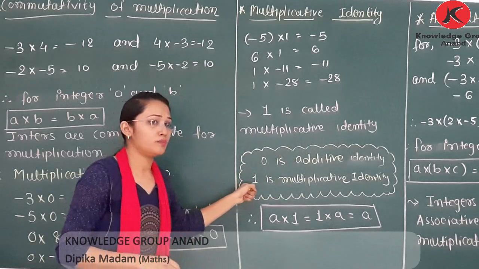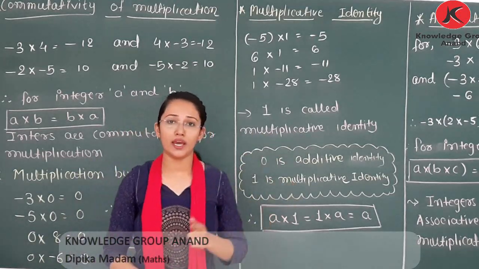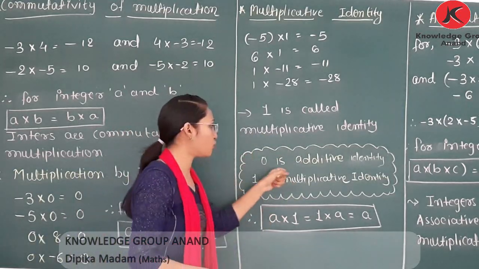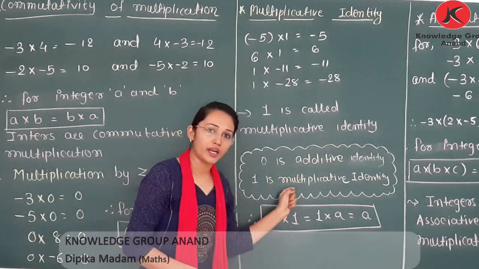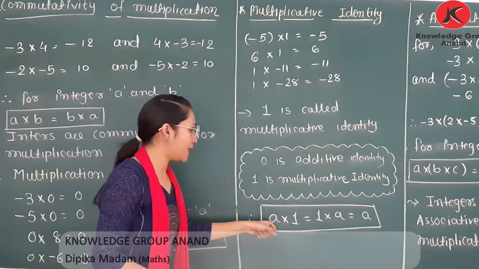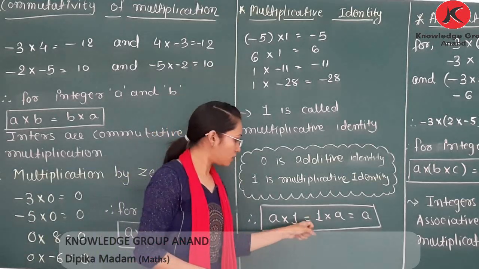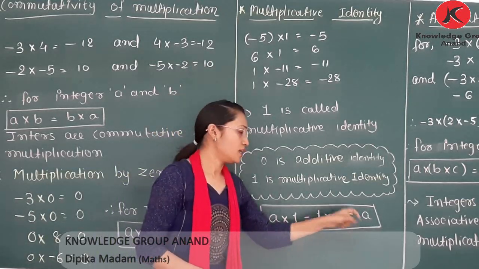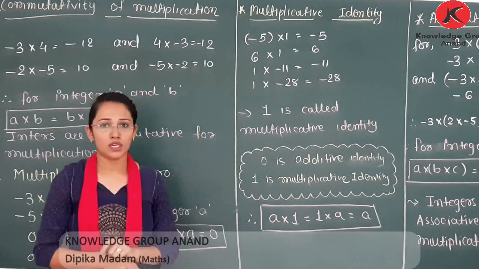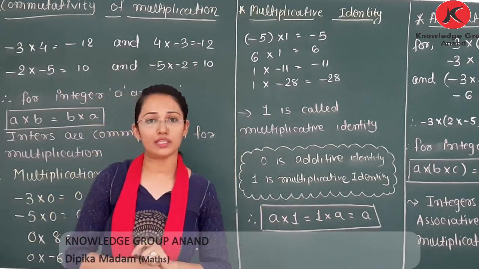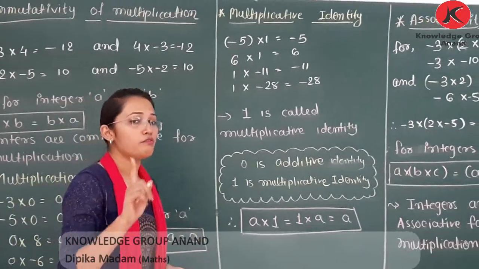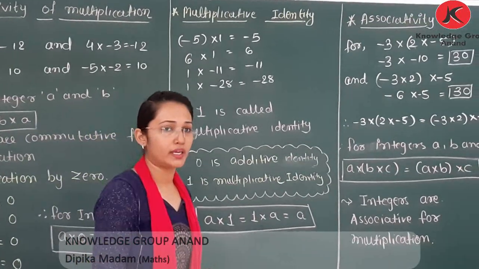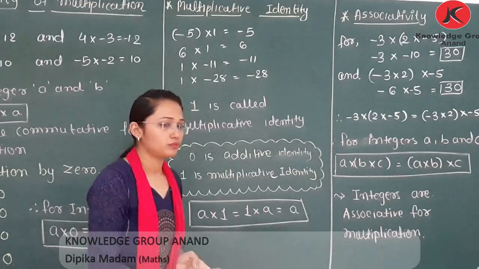Remember these two statements that can be asked for blank and MCQ. 0 is additive identity and 1 is multiplicative identity. So we can write a multiply 1 is equal to 1 multiply a is equal to a. It means if you multiply 1 with any integer, answer is same integer. That's why 1 is called multiplicative identity.